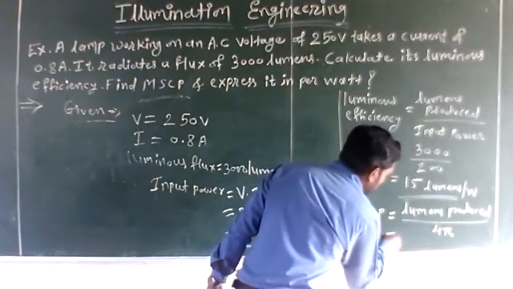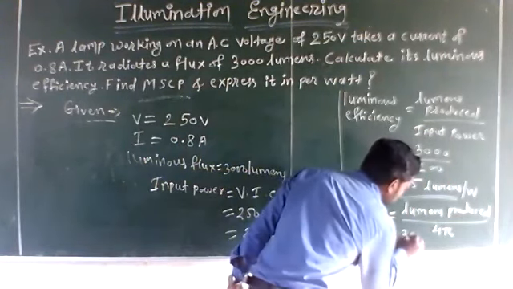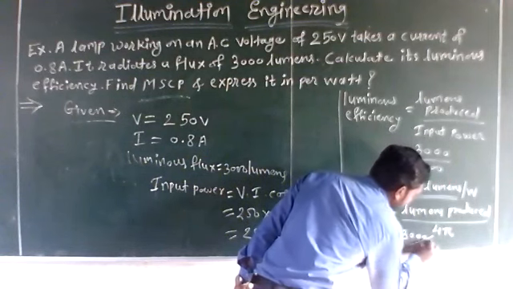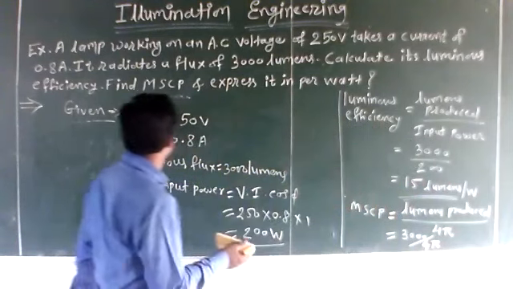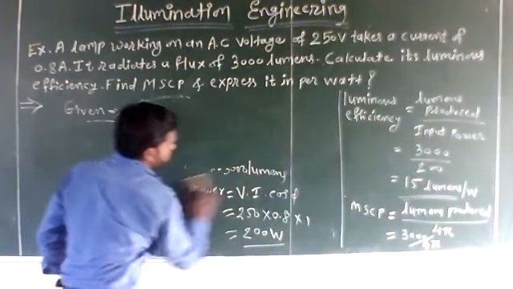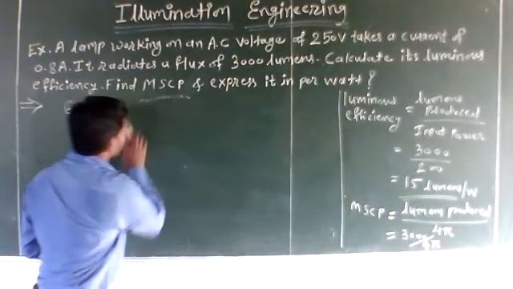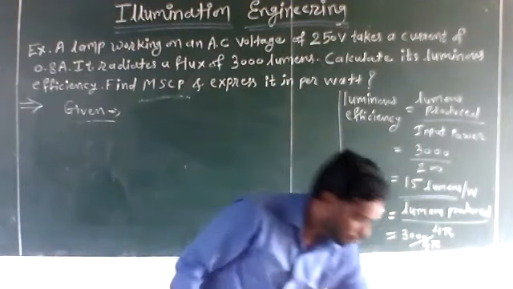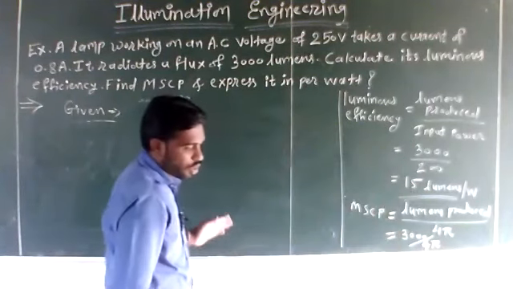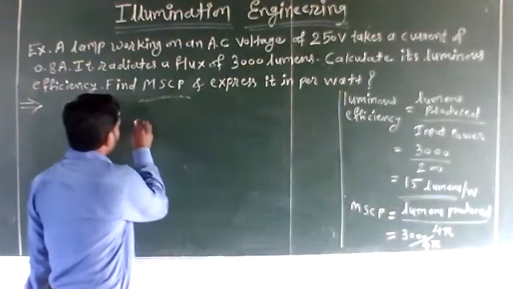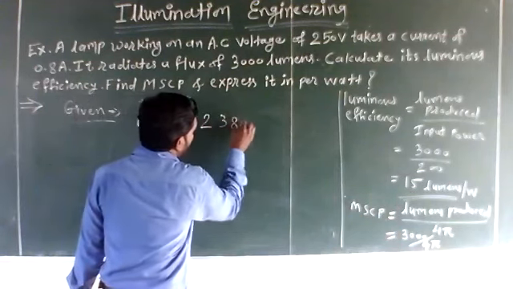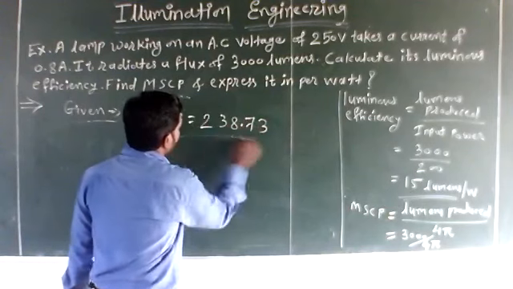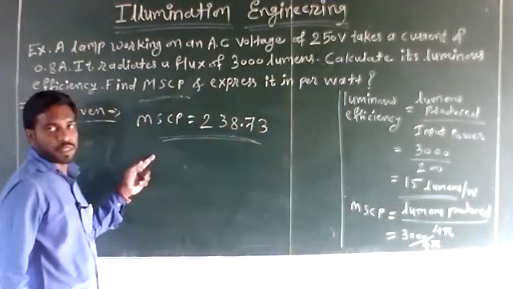So here lumen produced is given 3000 divided by 4 pi. So when solving we get MSCP 238.73. This is the answer of MSCP.